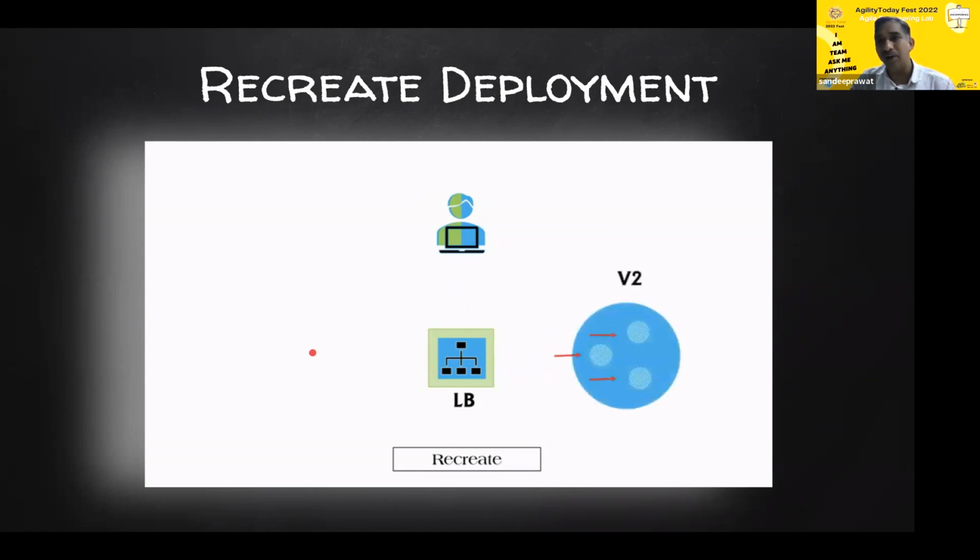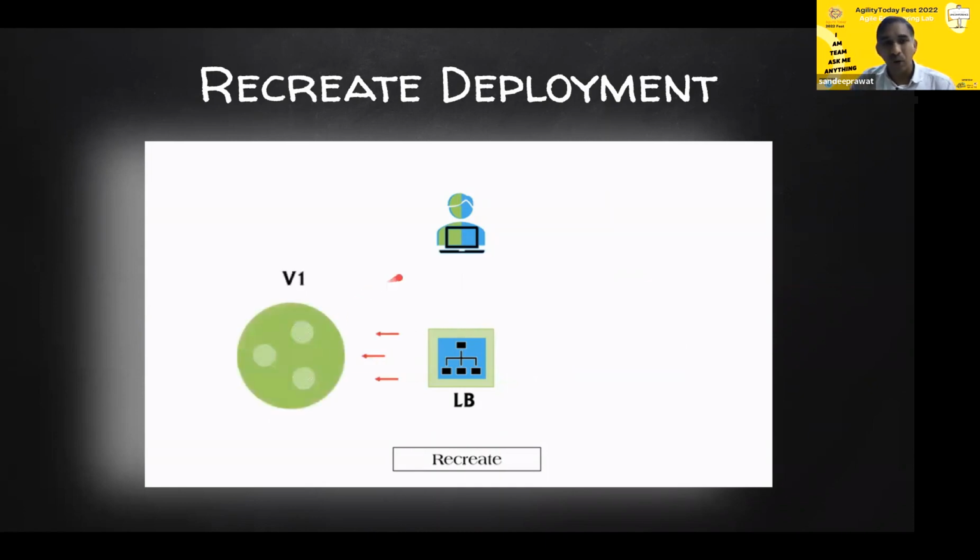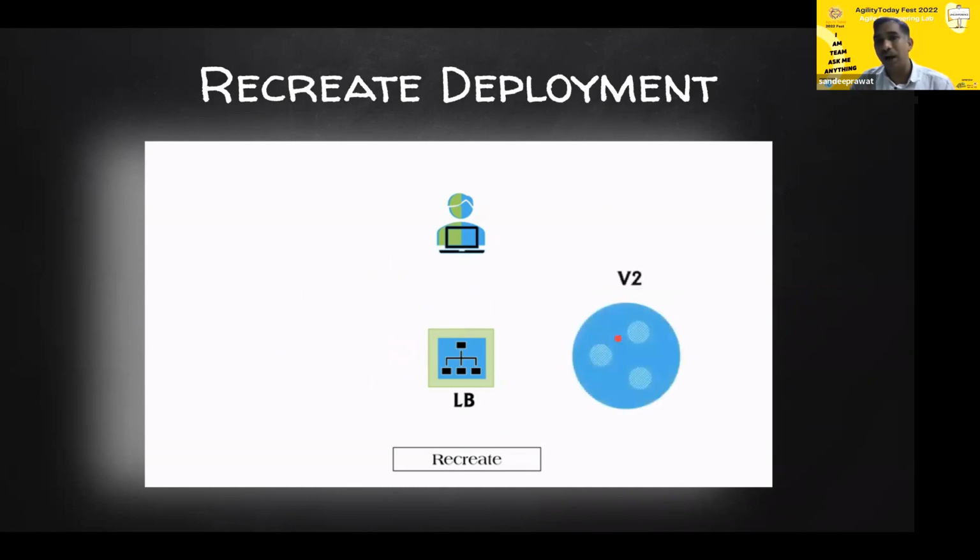When I say targeted users, I'm not talking in terms of features, I'm talking in terms of release, where only these users go to version 1 and 50% of users go to version 2. That you cannot do, because both versions are not existing together. I'm not talking about showing a specific feature, I'm talking about targeting users to a specific version.